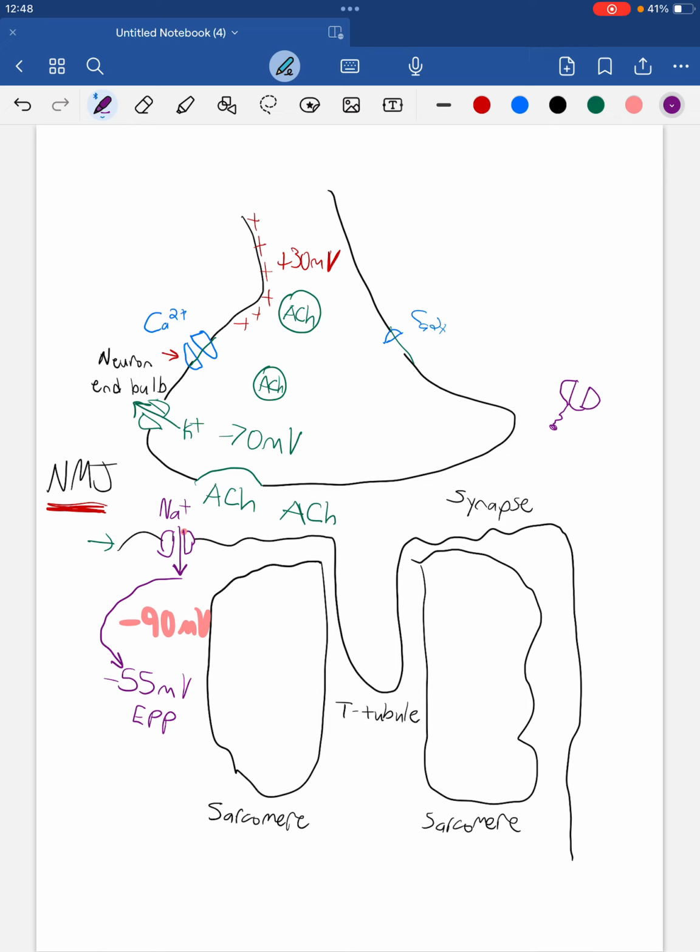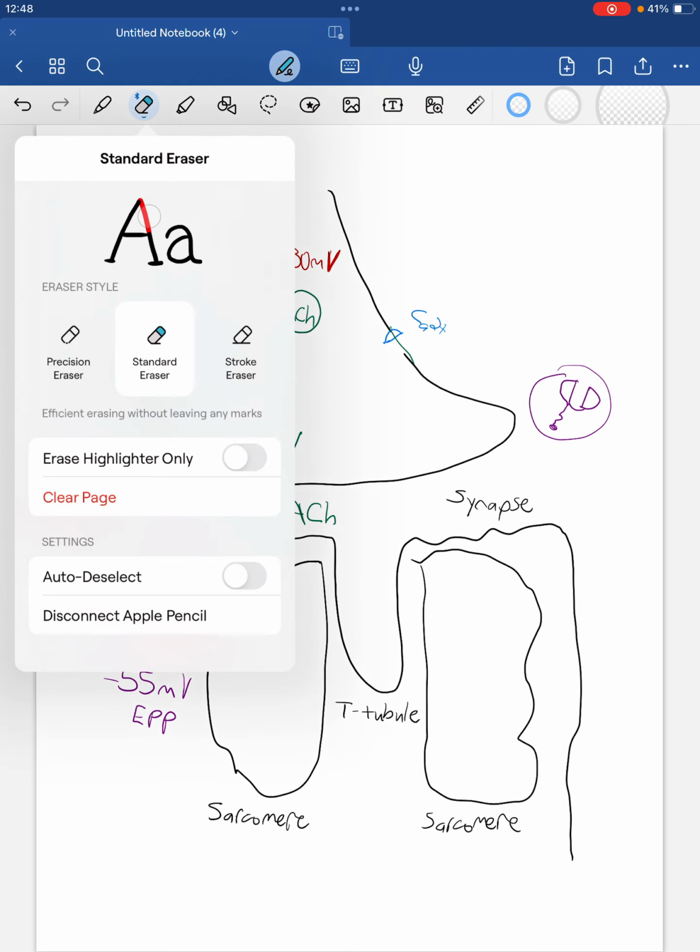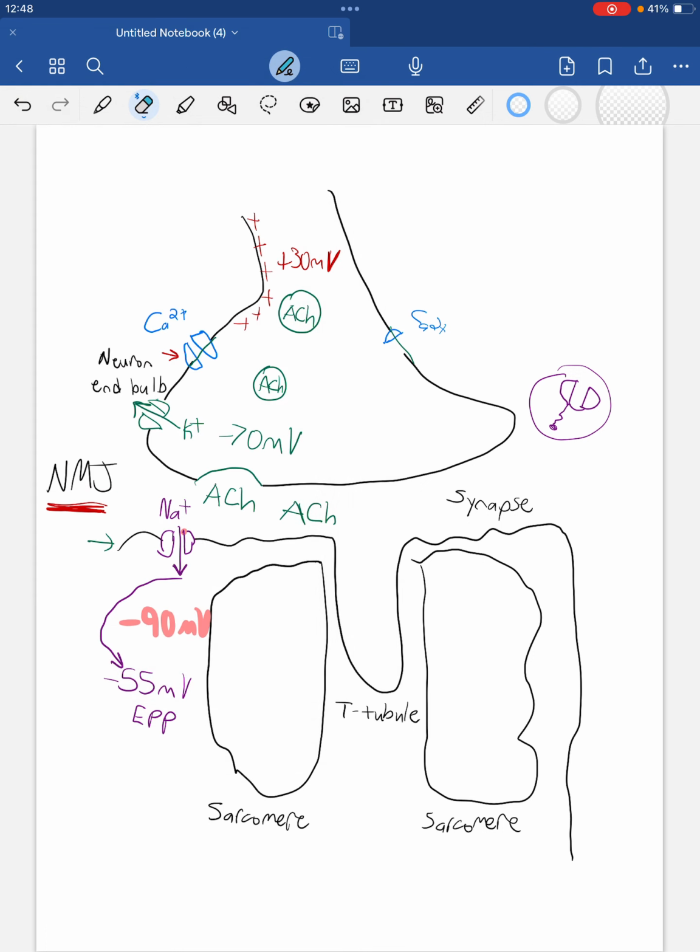Now this gate here, we also have these channels. Let me make another spot here. Let me just draw this out with its activation gate and little ligand.